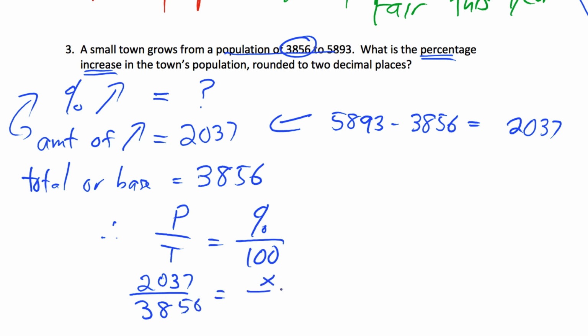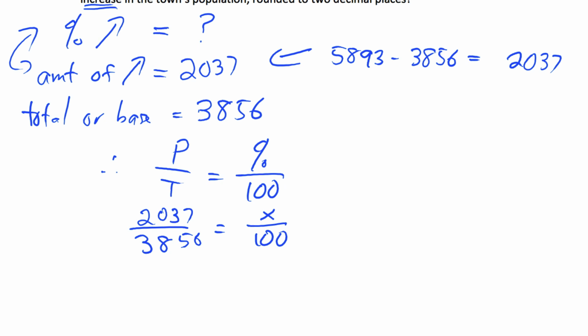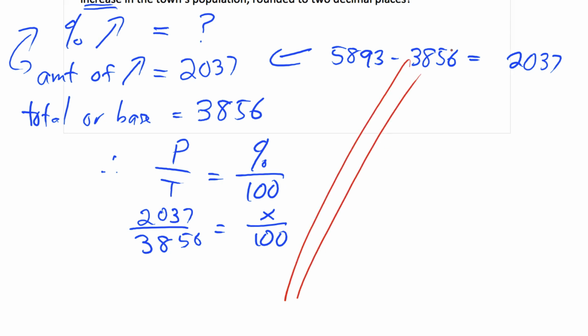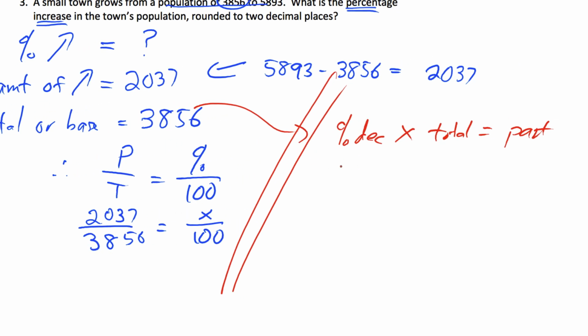And what we're calculating is x divided by 100. That's how you would set the problem up with cross multiplication. If you wanted to set it up using the formula percent as a decimal multiplied by total equals part, then you would take those numbers, and this would be your unknown, x, multiplied by your total, 3,856, which would equal your part, 2,037.